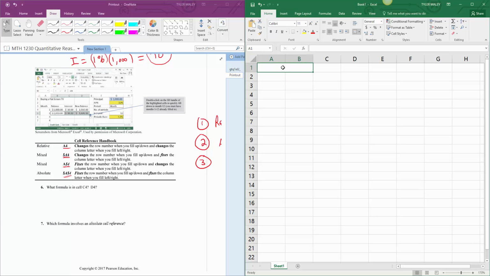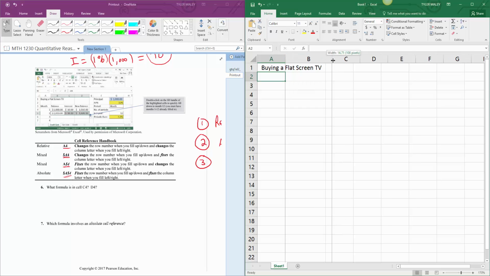Then it says buying a flat screen TV. Notice that my word is cut off, so I can make this bigger so we can see the entire thing.